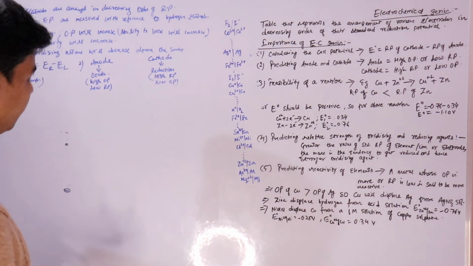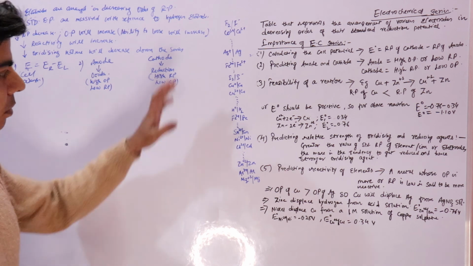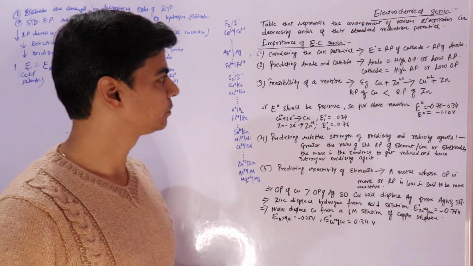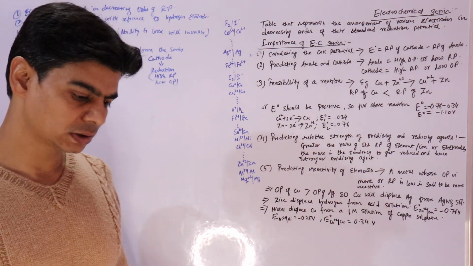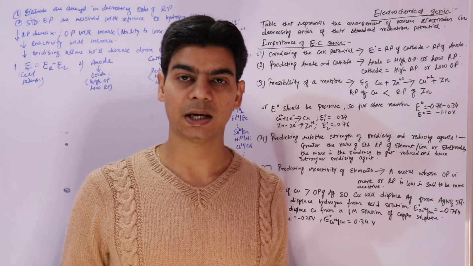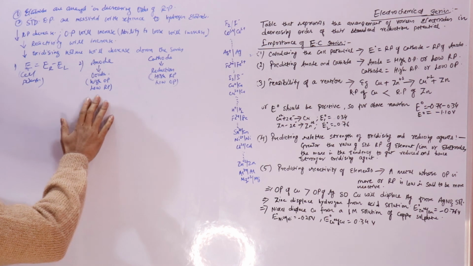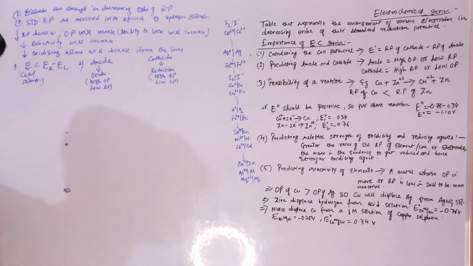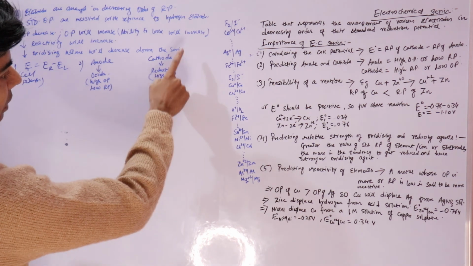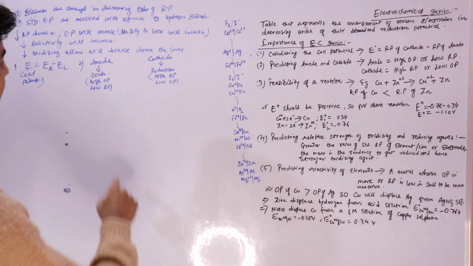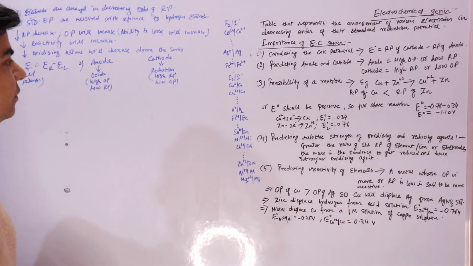So suppose you are given an example of 2 electrodes, and you are asked which one will act as anode and which as cathode. What you have to say is, the electrode that has higher reduction potential will act as cathode, and the electrode that has low reduction potential will act as anode.